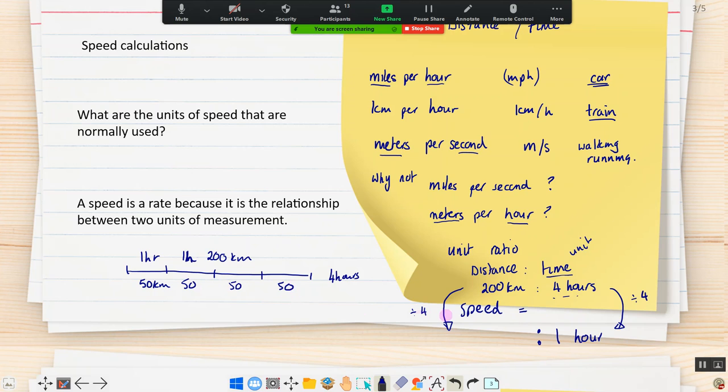So that means my 1 hour would be 50 kilometers. So my speed would be 50 kilometers per hour. Okay, so we need our unit. That's the unit that we need, the time. All right, do you remember doing that?